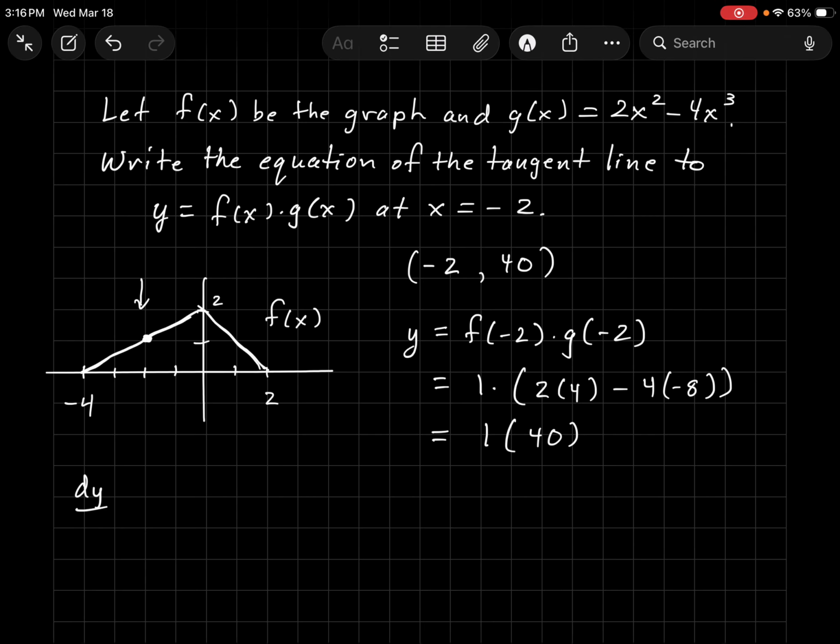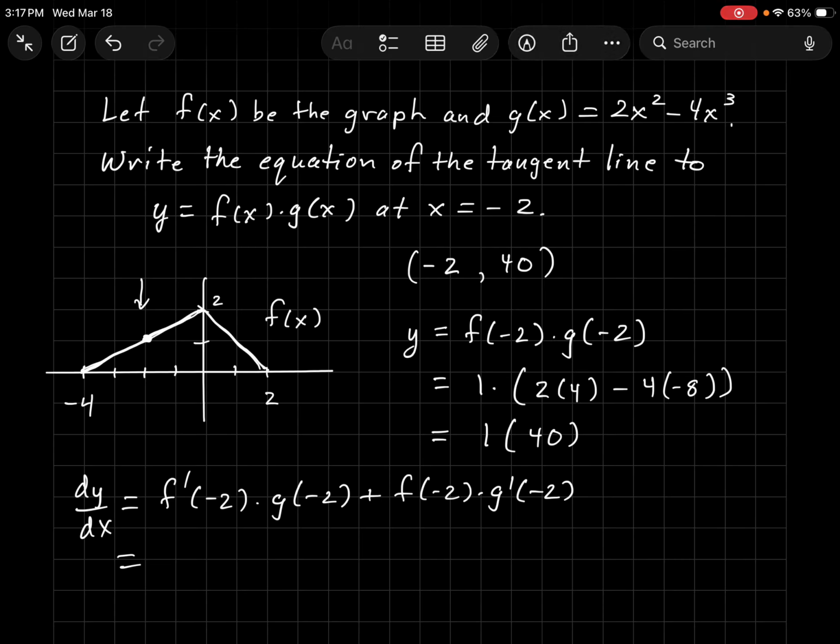So the derivative of y, which is a product, is going to be derivative of the first part, leaving the second part alone, plus leave the first part alone times the derivative of the second part. F prime of -2, we could find it by getting the equation of this line segment here.